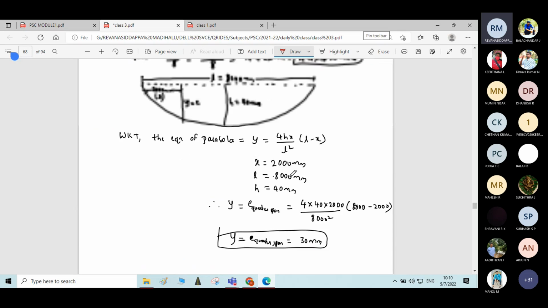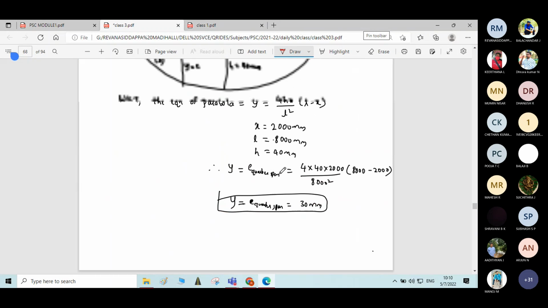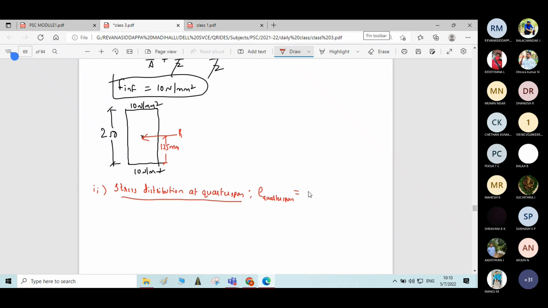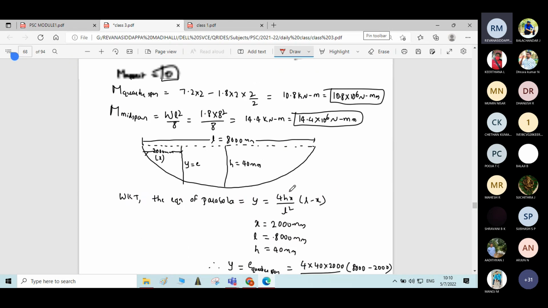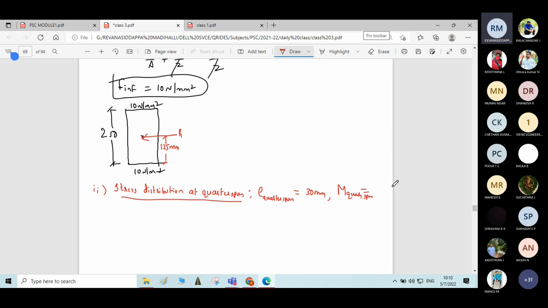We have calculated it, no? At quarter span it is 30 mm. And the corresponding moment at quarter span is 10.8 into 10 power 6 Newton millimeter.